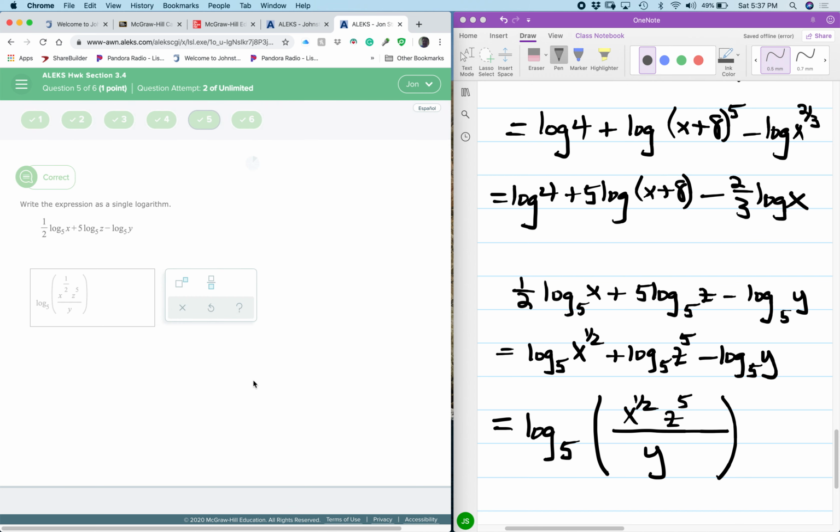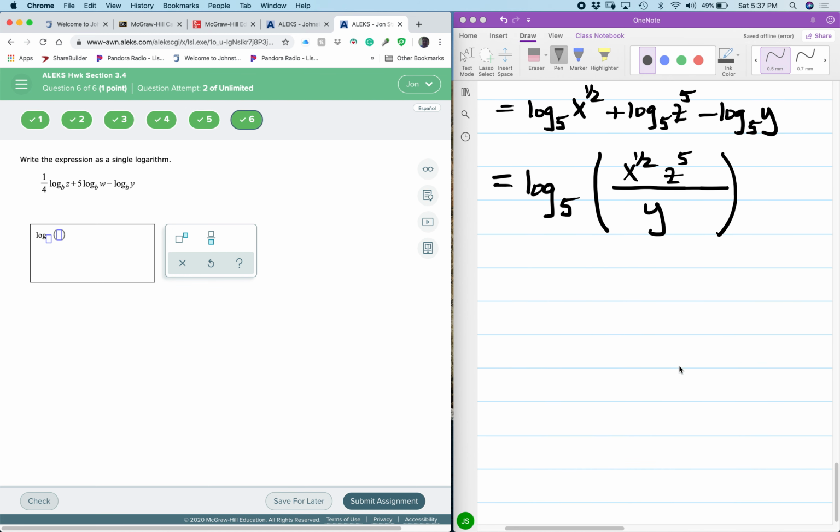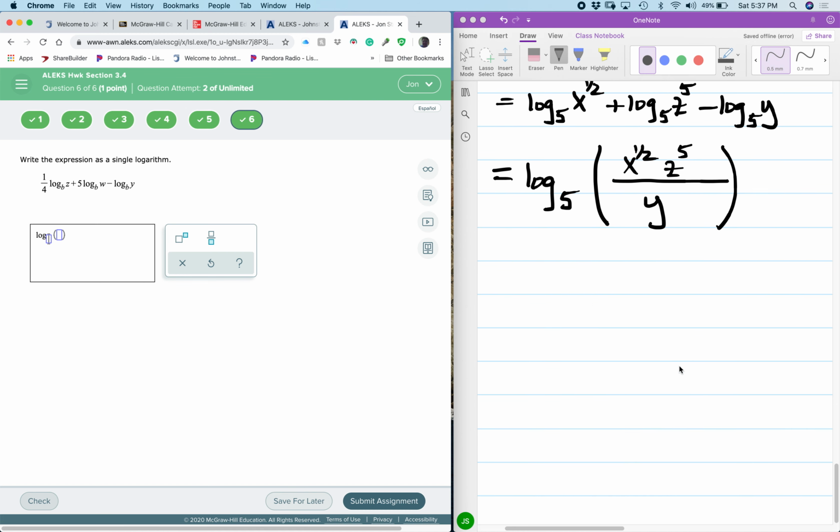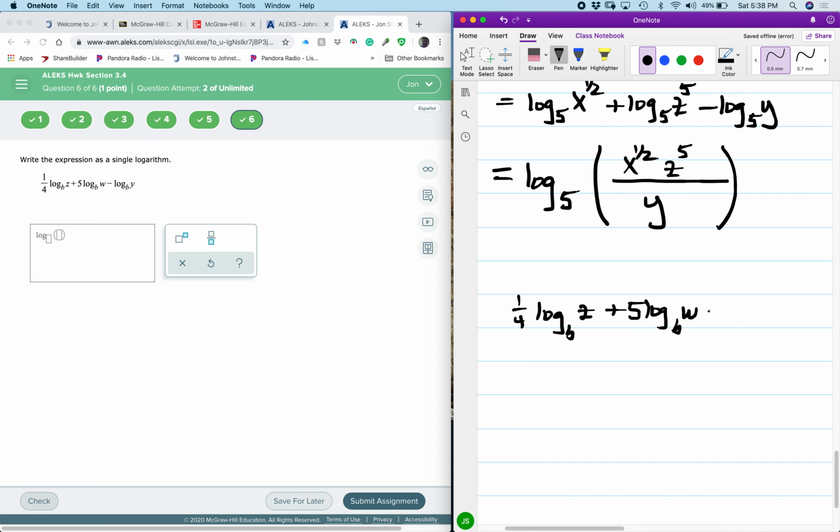Now for the last problem, writing also as a single logarithm. So here we have 1/4 of the base b logarithm of z plus 5 times the base b logarithm of w minus the base b logarithm of y.